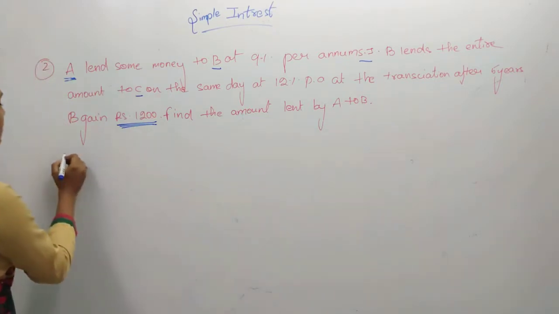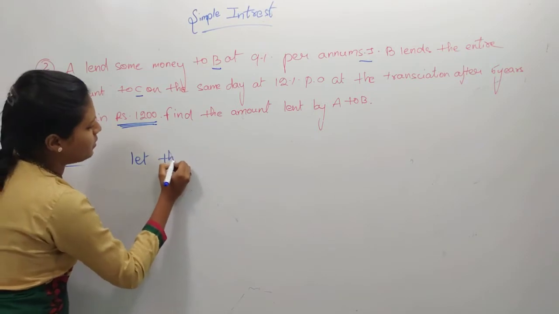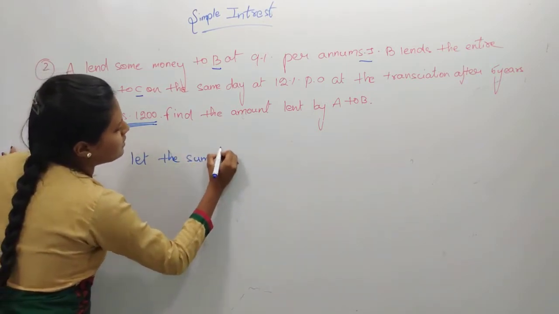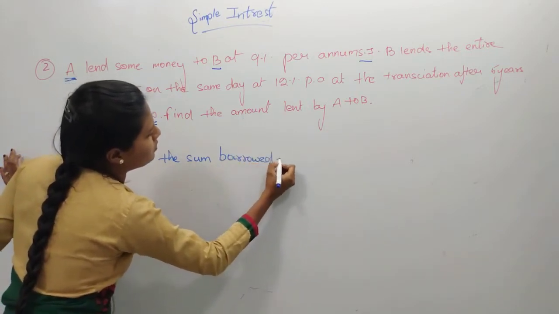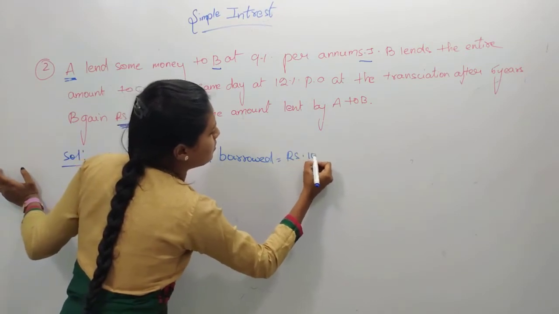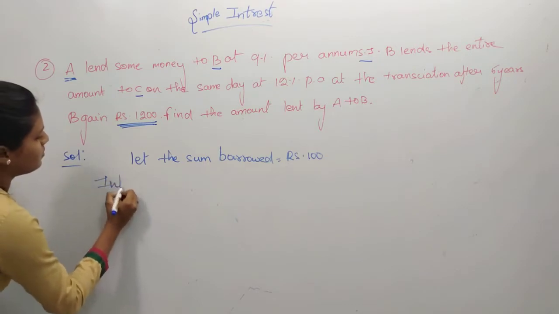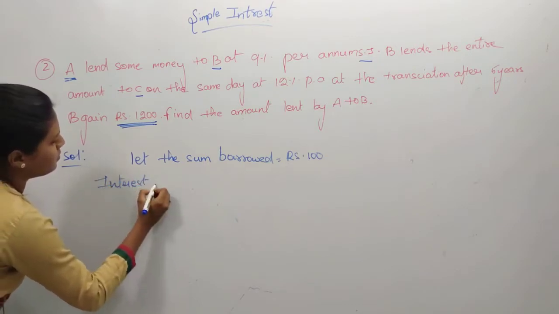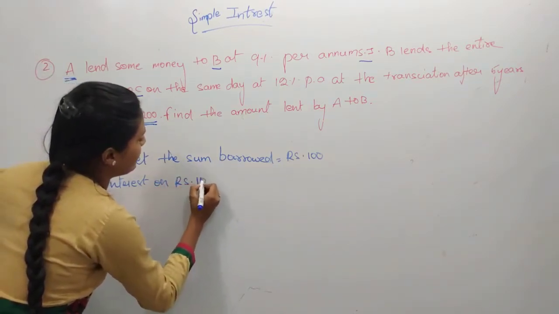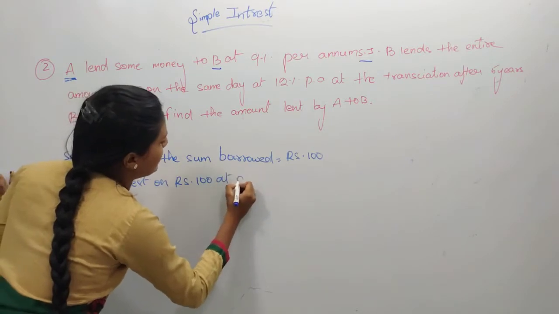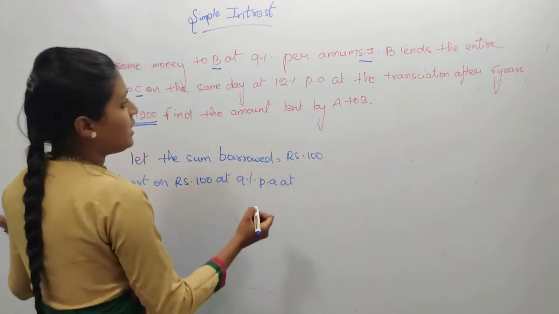Then let's solve this problem. Solution: let us think the sum borrowed is rupees 100. Then what will we do next? Interest on rupees 100 at 9% per annum for 5 years.